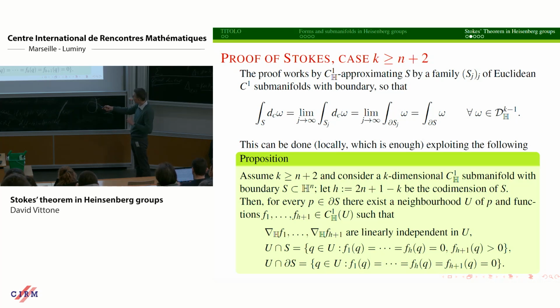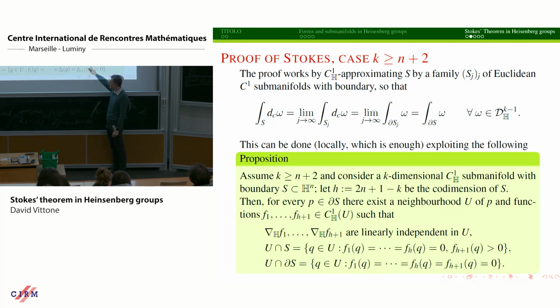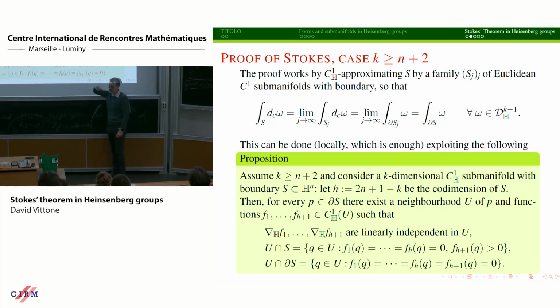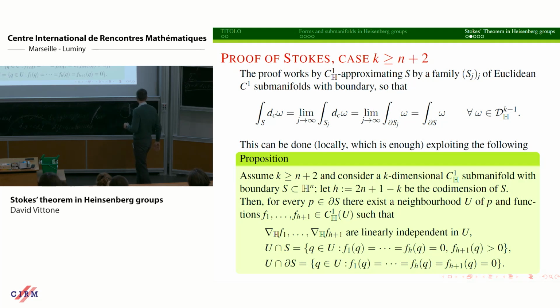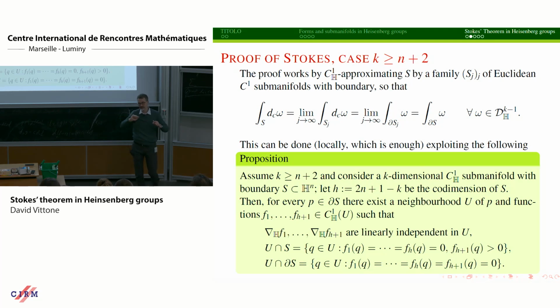So an equivalent definition is that we can find f1, ..., f_{h+1}, which are defining functions for the boundary. In particular, the horizontal gradients are linearly independent, and the submanifold S itself can be seen as the level set of f1, ..., fh, plus the portion of points where f_{h+1} is positive. If you remove this condition, the first h functions are defining S prime.